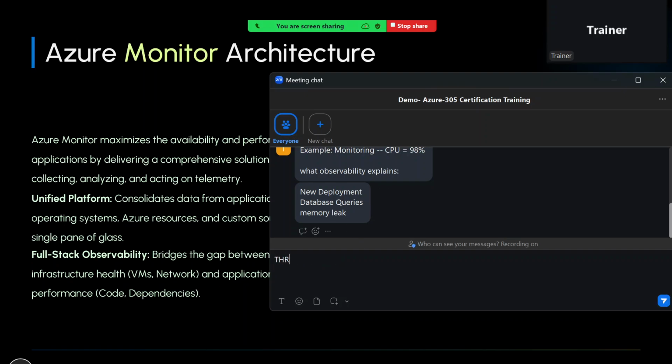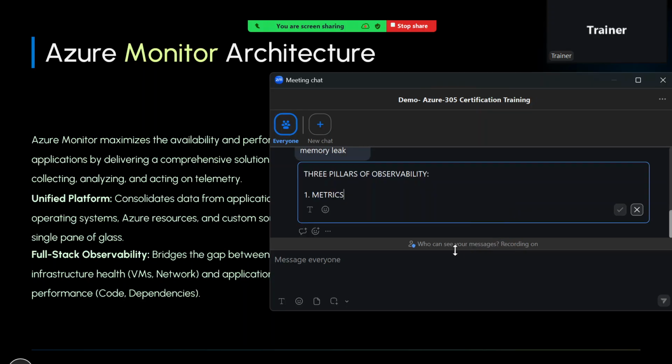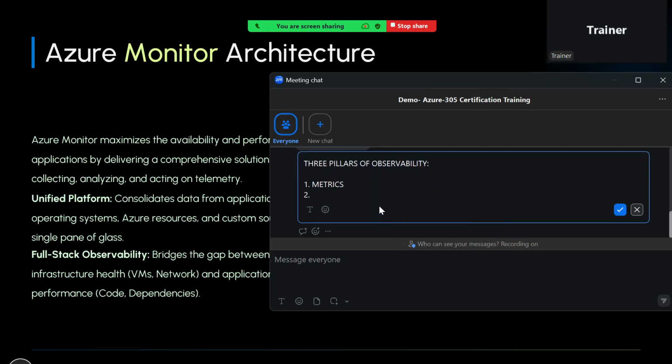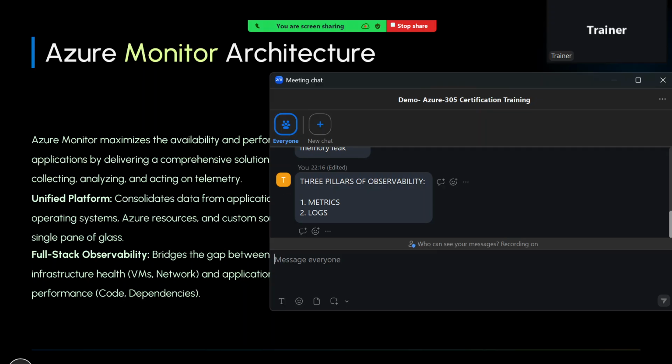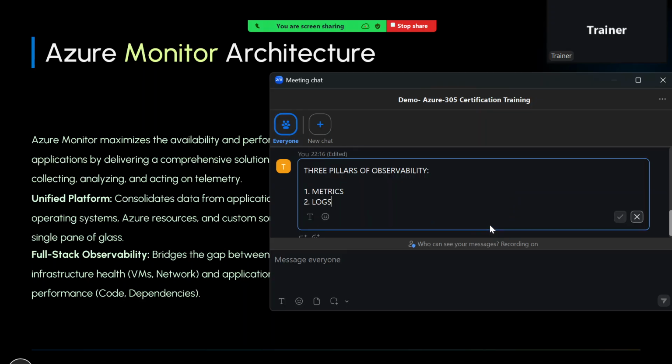The three pillars of observability are: first one is metrics, second one is logs, and third one is traces.